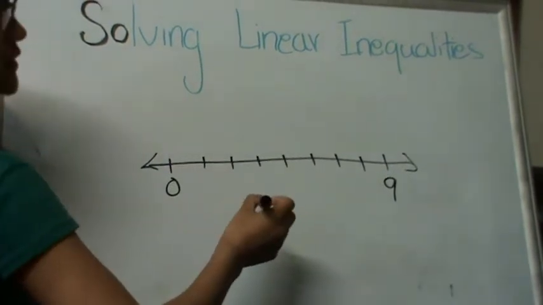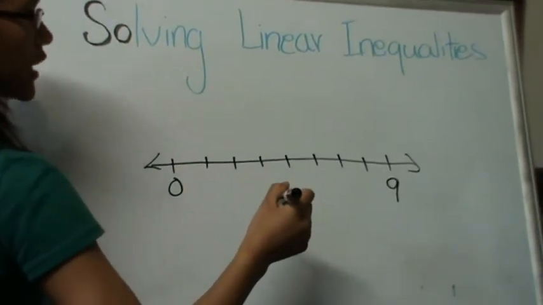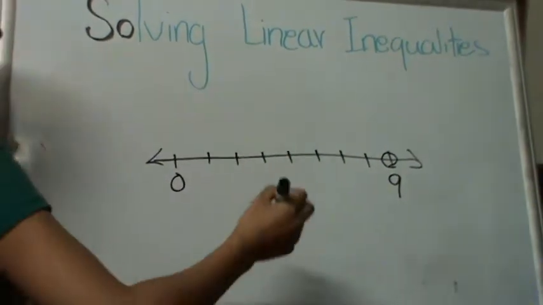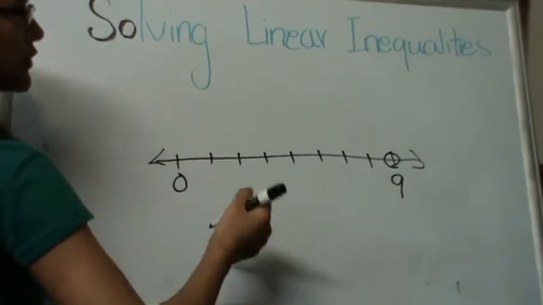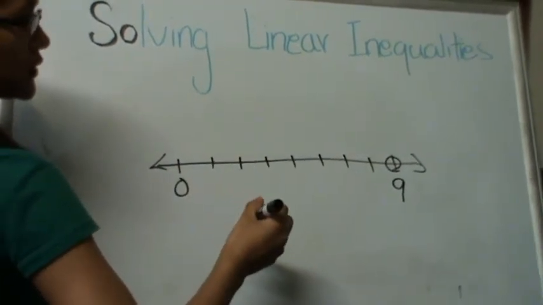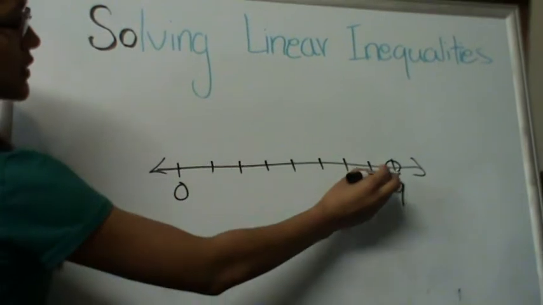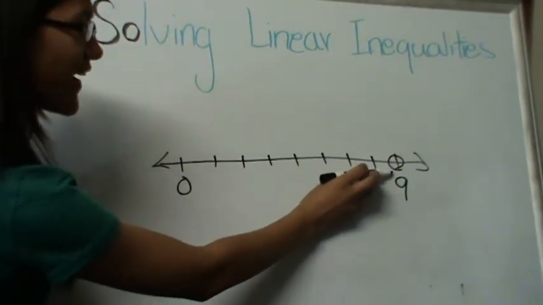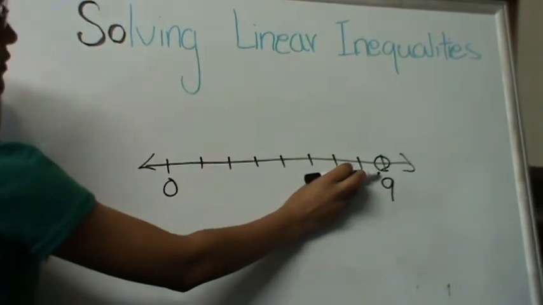Draw an open circle on 9 because it's not equal to. If it was equal to, coloring in the circle is what you would do.